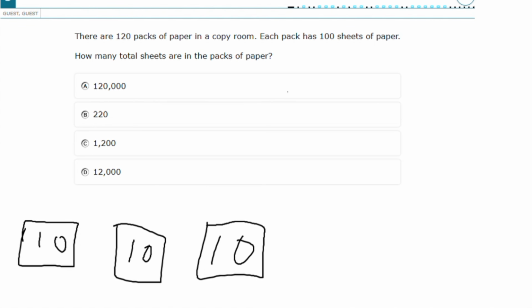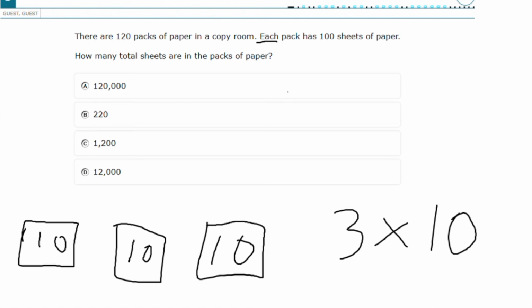So how do we find out how much is in all of them? Well, do we add all of them? Well, we could add these, right? It's a small amount, but we don't have the time to draw out 120 packs of paper. So what do we do? Well, we can multiply, right? Hence our key word here, each. Okay, so instead of doing 10 plus 10 plus 10, we could simply do 3 times 10, right?